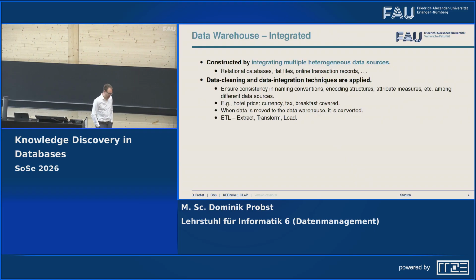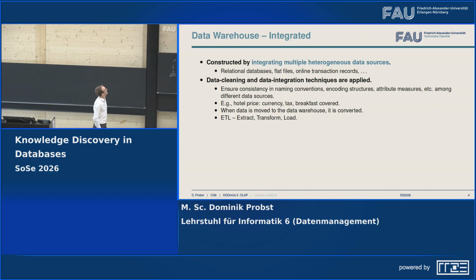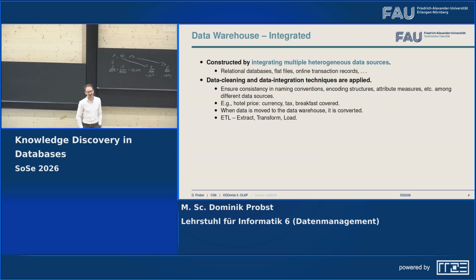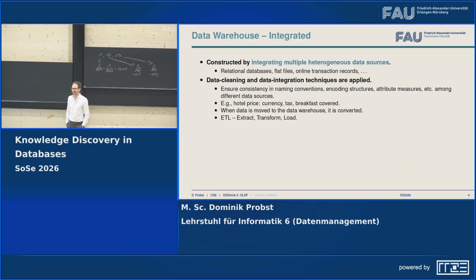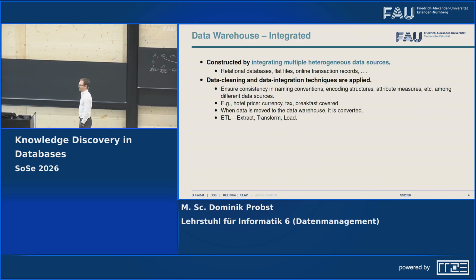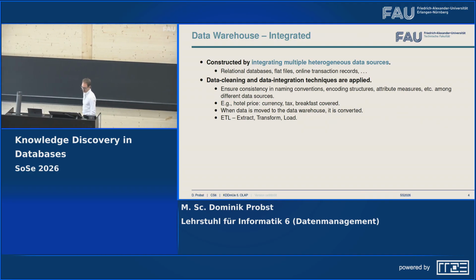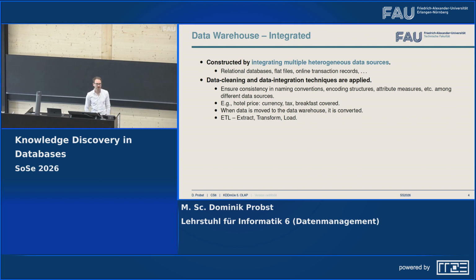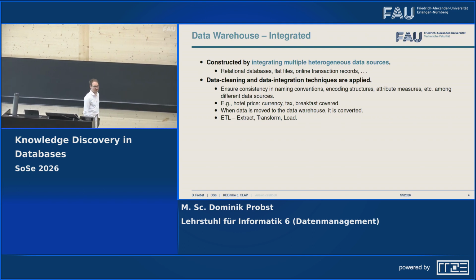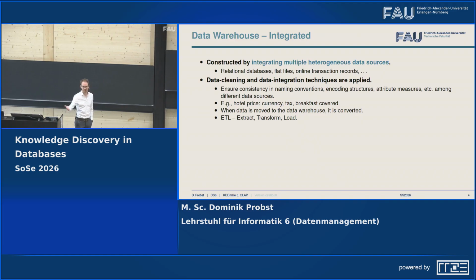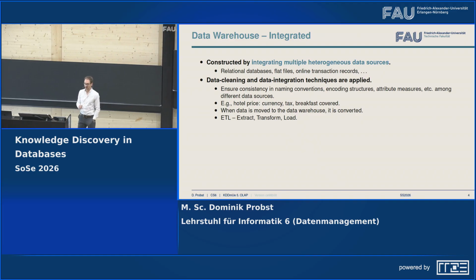A data warehouse is also integrated. Most often, it's not 100% given, but most often it's constructed by integrating multiple data sources. So we can, for example, include different databases, transactional databases, so everyday databases, into a data warehouse.